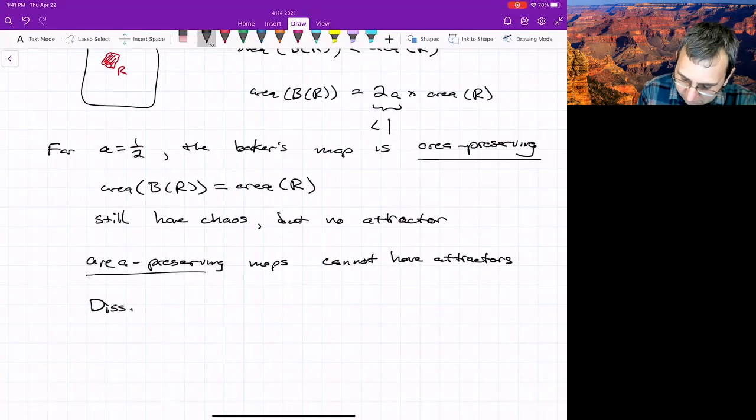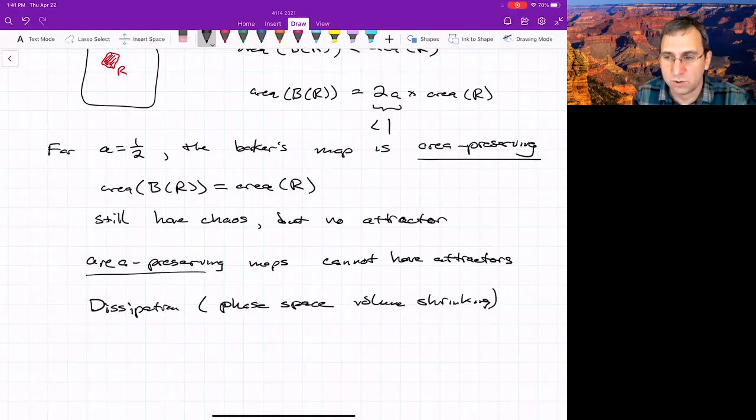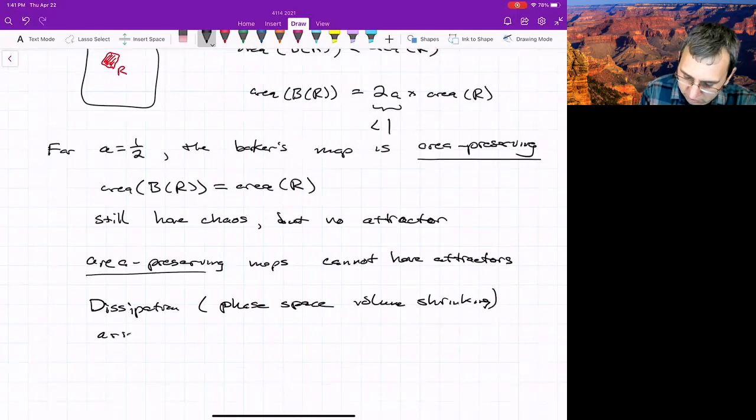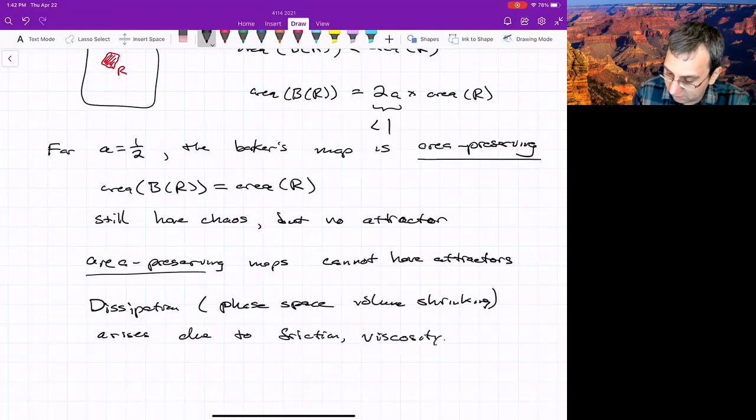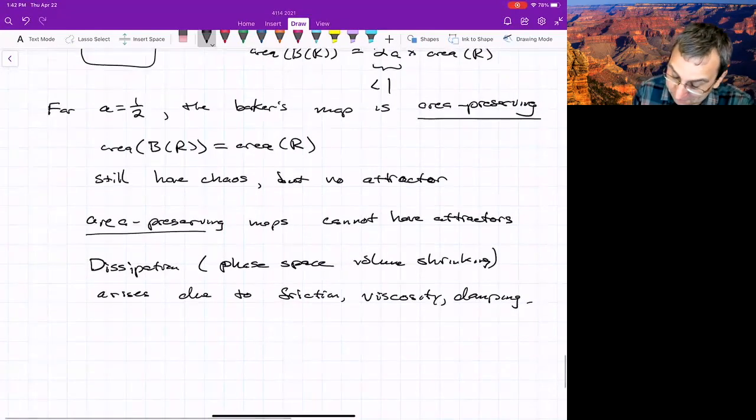You can get dissipation, which means phase space volume shrinking. It can arise due to things like friction, if we're talking about a mechanical system, viscosity, damping. You can even introduce dissipation using control, but I think that goes way beyond what we're going to talk about here.